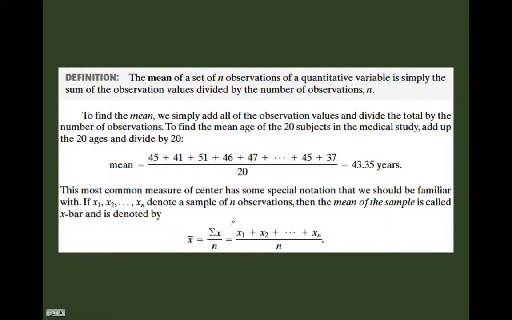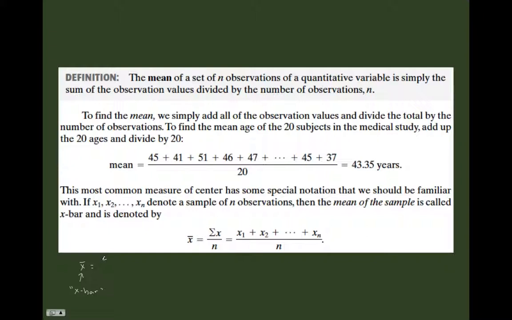Now notice, down below, there's a generalized formula. X bar, so the symbol x with a bar over the top of it, we say that as x bar. And it's equal to the sum.